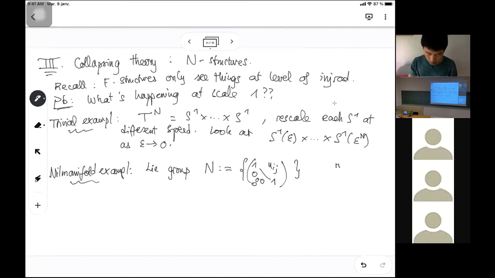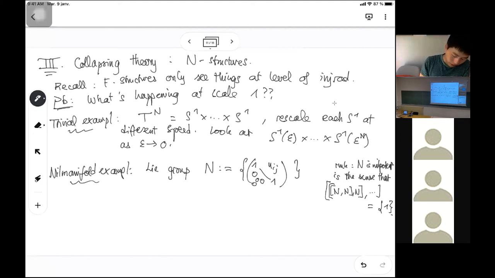So N is nilpotent, in the sense that when you take commutators enough times, you will get the trivial group. And that is called a nilpotent group.